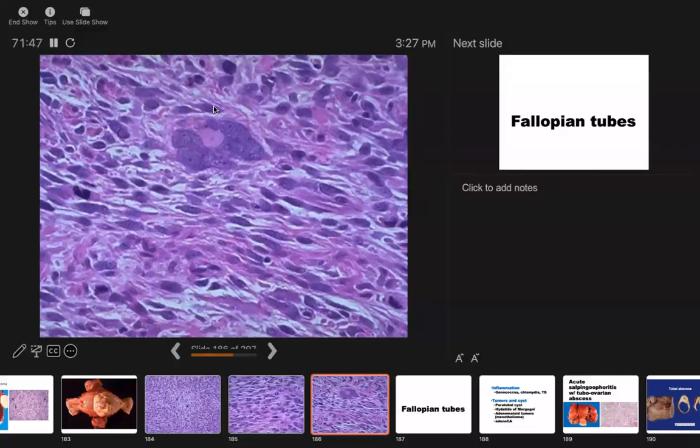Now, in your book, there is a one-sentence description of a tumor called smooth muscle tumor of uncertain malignant potential, otherwise known as STUMP. These tumors are labeled as uncertain malignant potential because you cannot fulfill the three criteria.